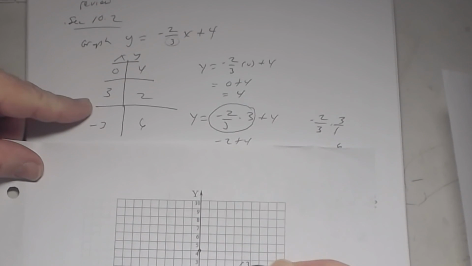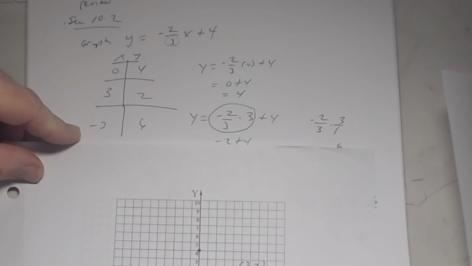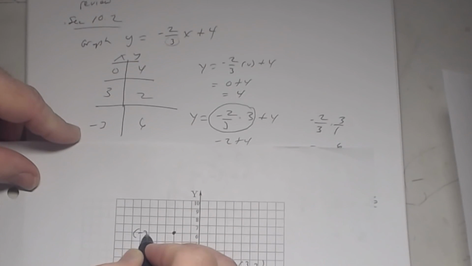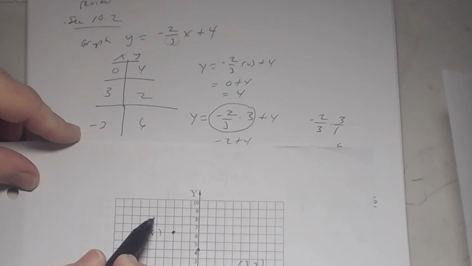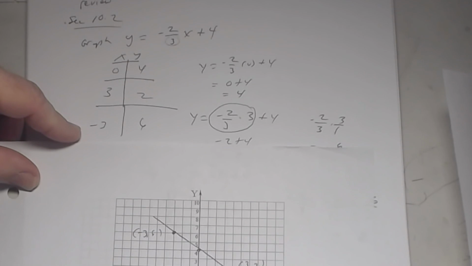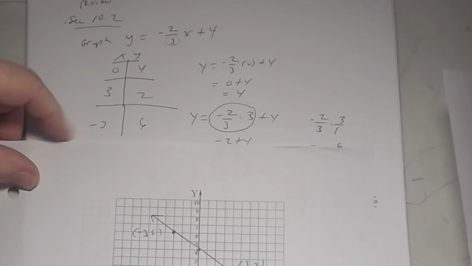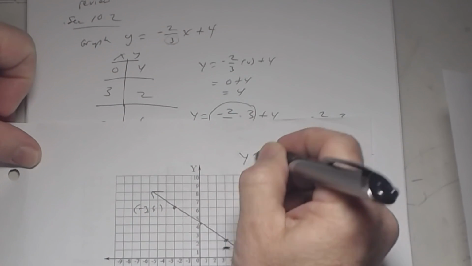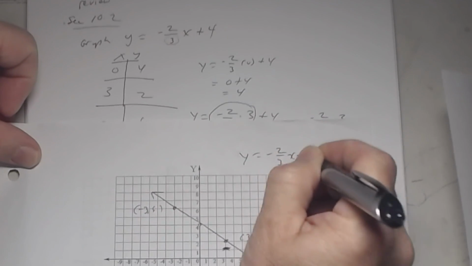That's 3, 2 right here. And if it says label, it means you actually write in the ordered pairs. And then negative 3, 6 is in what quadrant? The second. All right, so that's negative 3, 6. And then you just draw your line going through those points, just like this, and you make sure you have arrows. And so there's your line. Okay, so that was y equals negative 2/3 x plus 4.